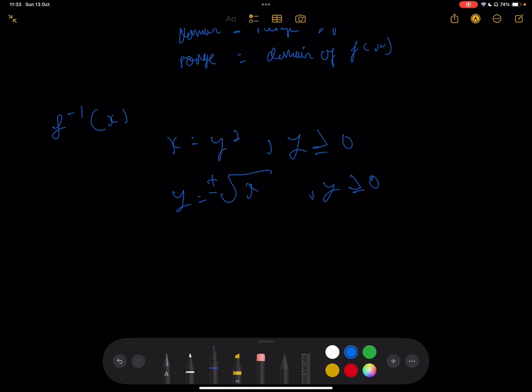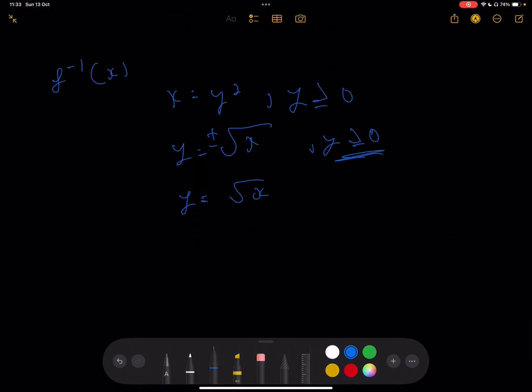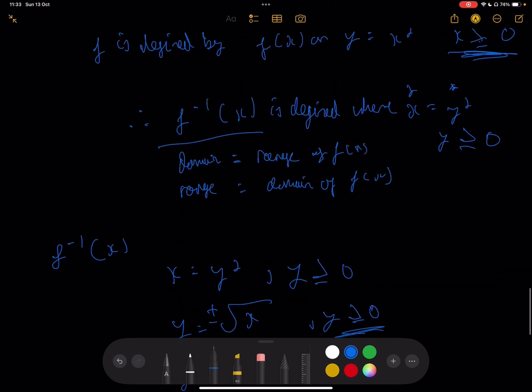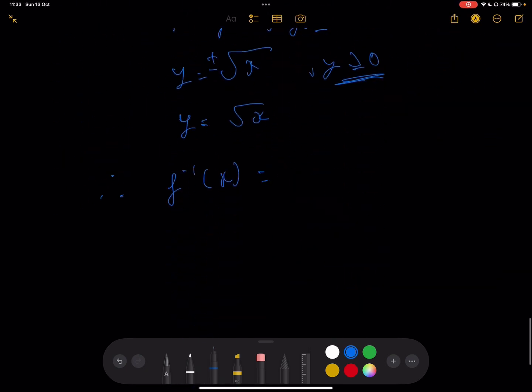Well, as it's plus or minus, there's two values. However, through this restriction where y has to be greater than or equal to 0, we have to have y equal to root x, and we reject the solution negative root x, as y has to be greater than 0. So, therefore, y can be substituted by the inverse function of x, which is equal to root x.